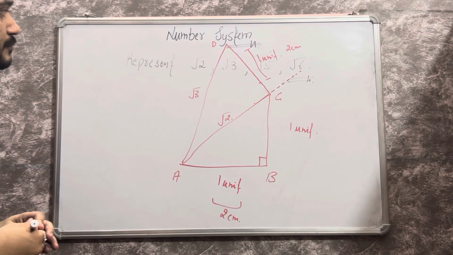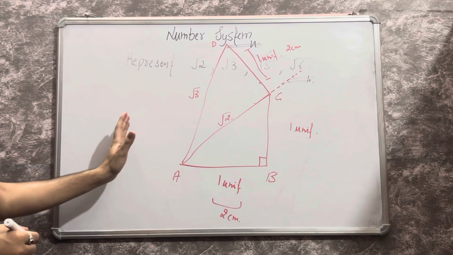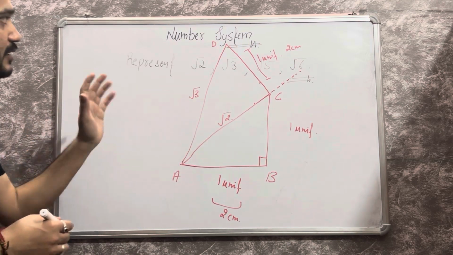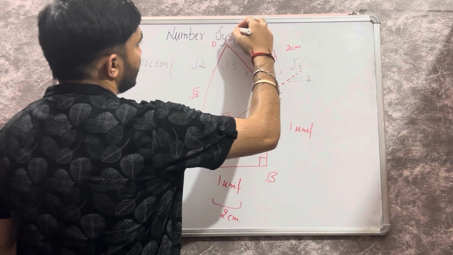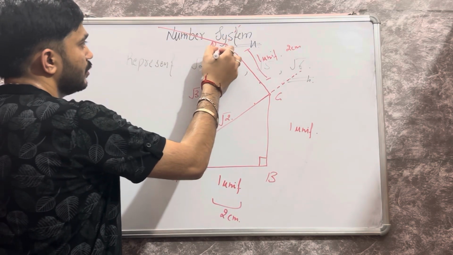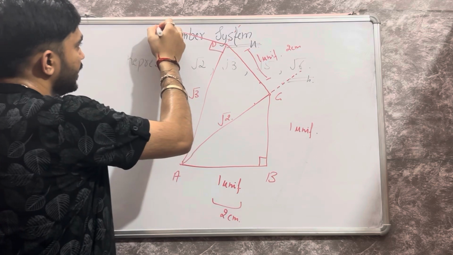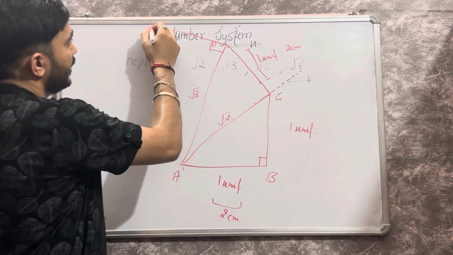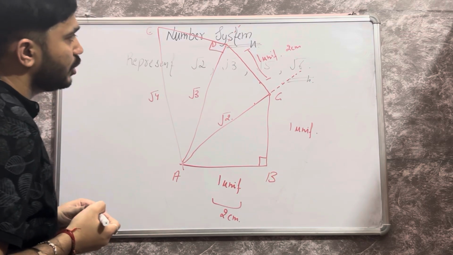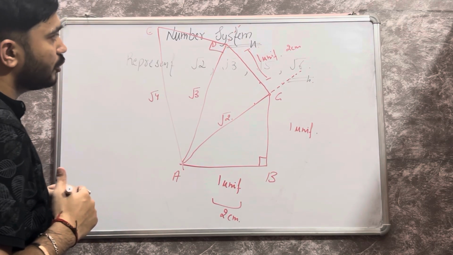Any doubt? Now if you have to represent under root 4, you have to repeat this process again and again. That is, extend this line, take a perpendicular here of 2 centimeter as well, and then join these 2 points and name it E, so it will be under root 4. If you have to represent under root 5 here, what are you going to do?